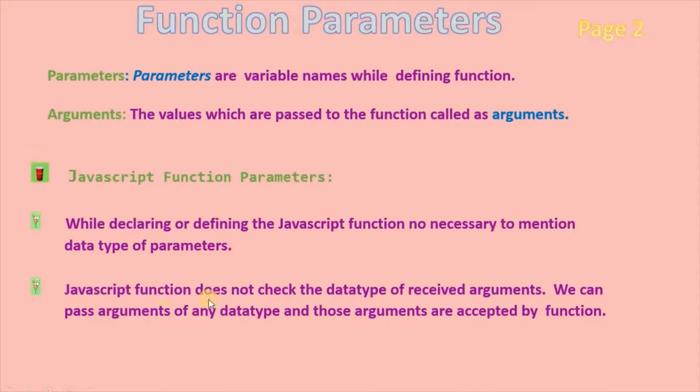JavaScript function does not check the data type of received arguments. We can pass arguments of any data type, and those arguments are accepted by the function.